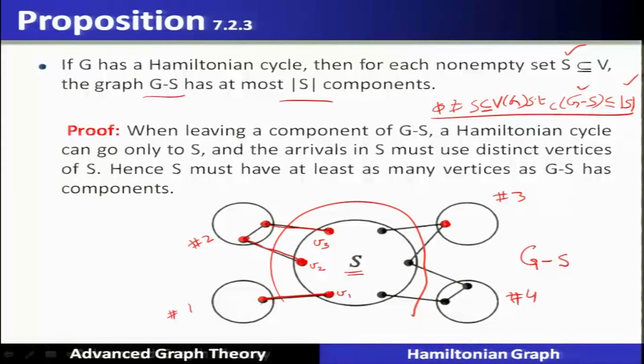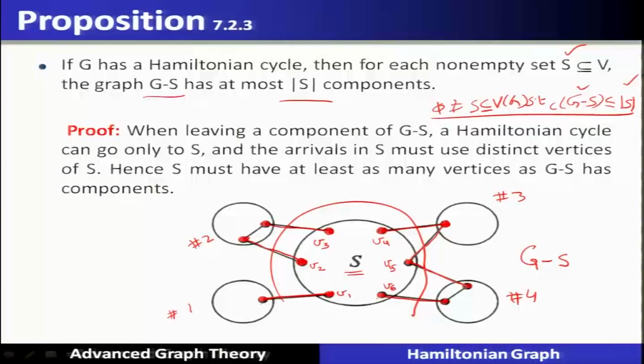This particular vertex will arrive on a distinct vertex V4. It may also arrive here. Similarly, this vertex will arrive on a vertex V5, and this particular vertex will arrive on V6.